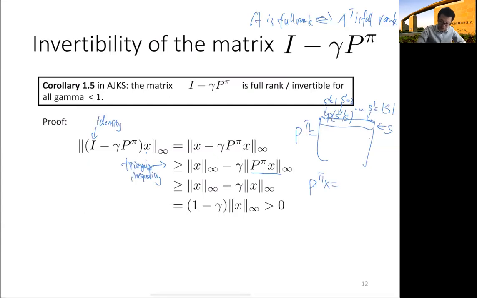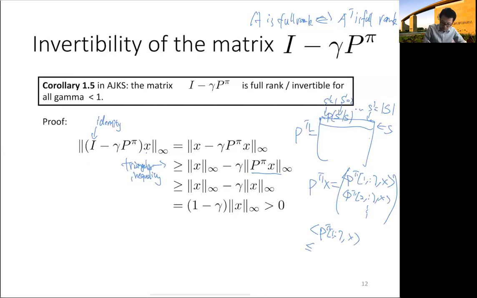Which means that this P pi transpose X is equal to, so let's calculate it coordinate by coordinate, P pi 1 inner product with X, P pi 2 inner product with X, and we do everything this way. Then we can see that since this is a non-negative addition of X, it is always upper bounded by the L infinity norm through Holder's inequality.